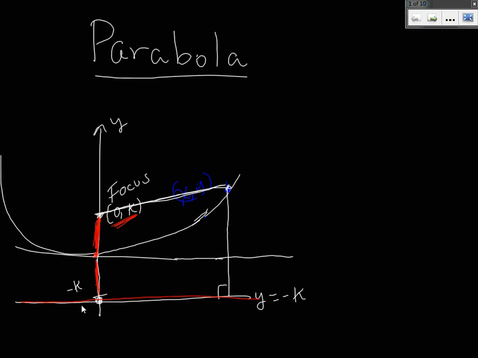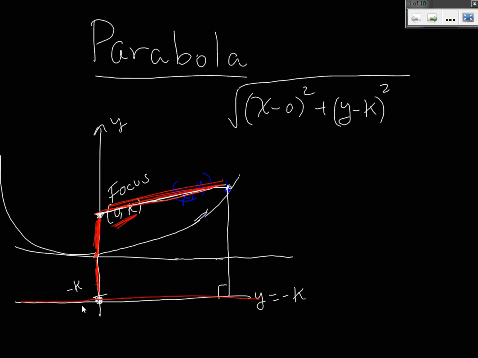So let's do that. What is the distance of this red line? Well, it's the square root of x minus 0 squared plus y minus k squared. And it's supposed to equal this length.